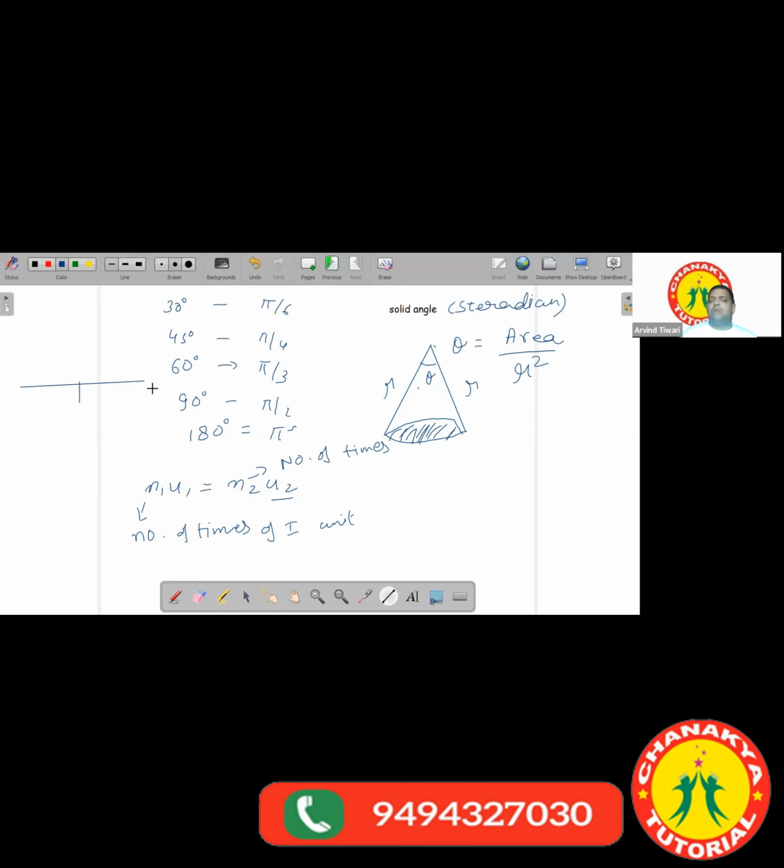It comes to be 2 times of a meter. So 2 meter means 2 times of meter. Similarly, if I say 3 kilogram, it means 3 times of kilogram.